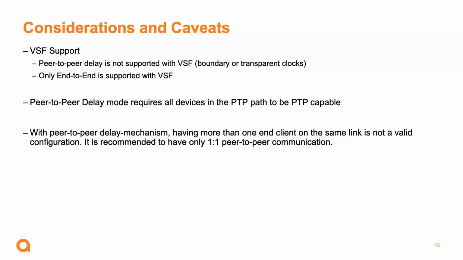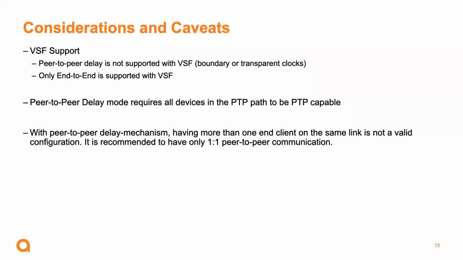Now, the other thing that is very important, and this is specific to peer-to-peer, is that you should not have more than one client on a certain link, or put it this way, on a port on the transparent clock. So the transparent clock should be connected one-to-one to each one of the ordinary clocks for the clients.